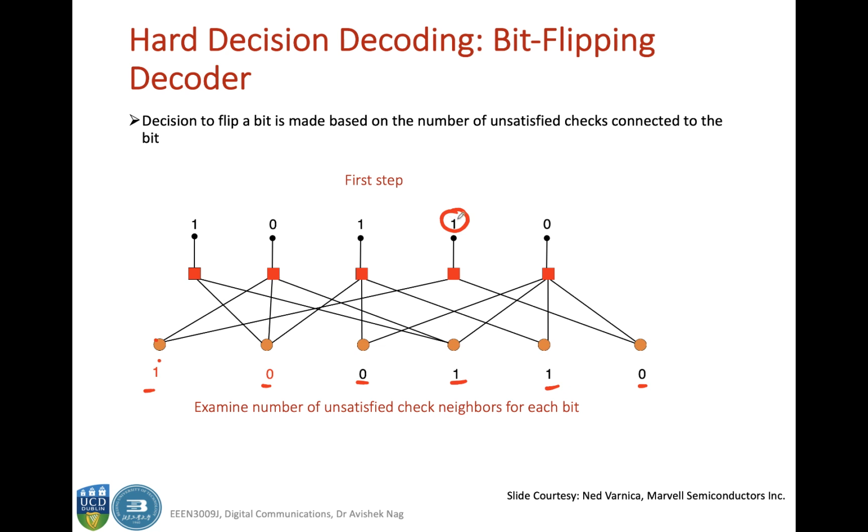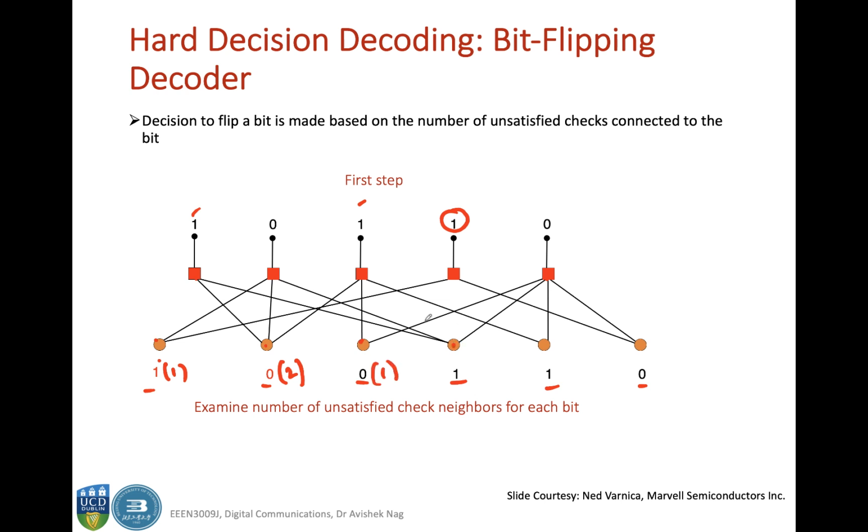Because this has to be 0, this is unsatisfied. So let me write the unsatisfied check neighbors in parentheses. This has one unsatisfied check. Now let's look into this bit. This has 3 check neighbors, and 2 are unsatisfied, so you have 2 here. For this one, you have 2 check neighbors and 1 is unsatisfied.